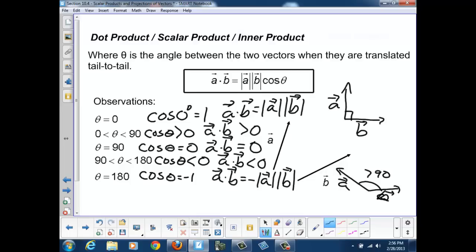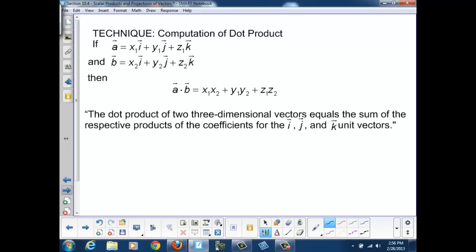Alright, so if we have information about the magnitudes and the angle between them, we can calculate the dot product. There is another way to compute the dot product if, instead of their magnitudes and direction, we have the components. And here, while the wording sounds somewhat intimidating, the dot product of two three-dimensional vectors equals the sum of the respective products of the coefficients for the i, j, and k unit vectors.